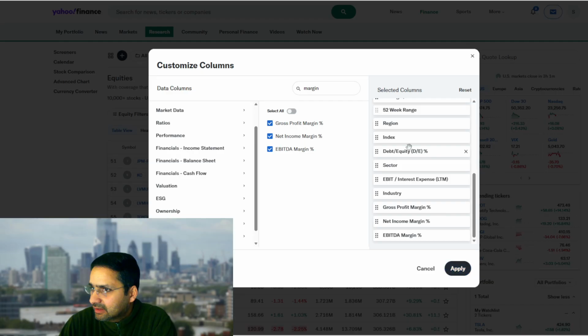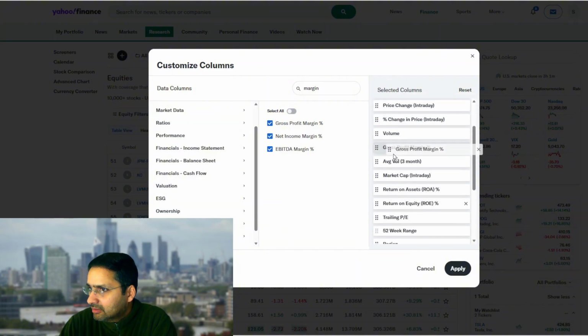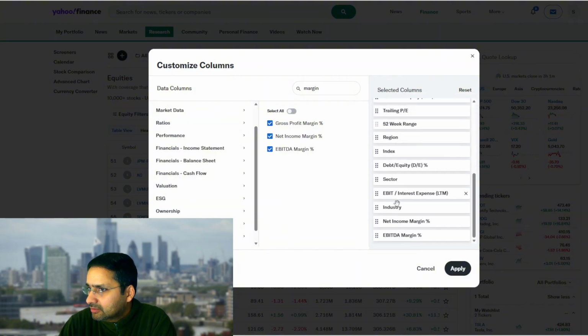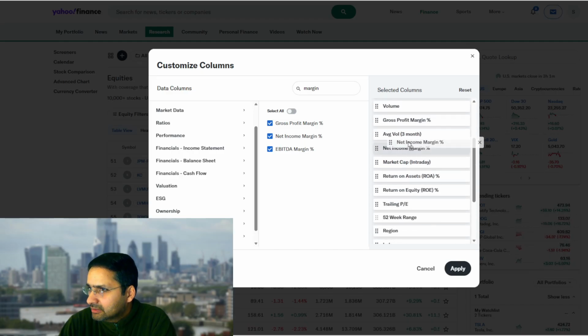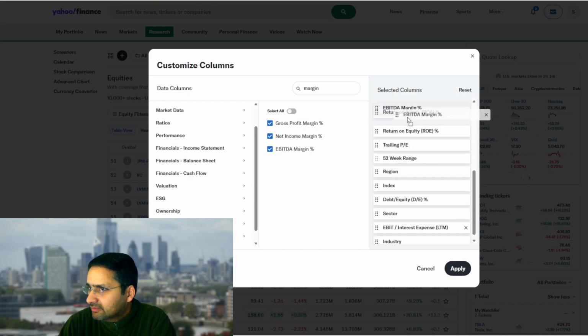So if you select all these and move them to the top right after volume, then we'll just play with these values and see how they look.